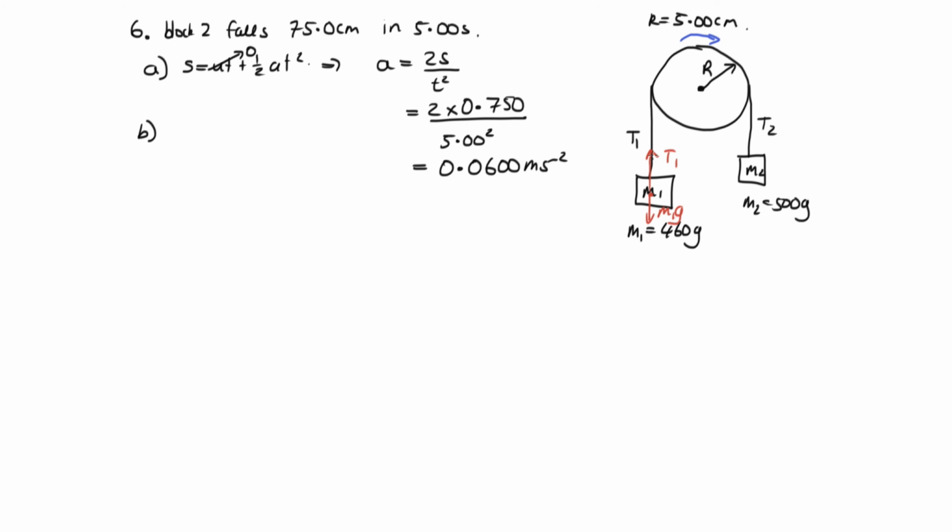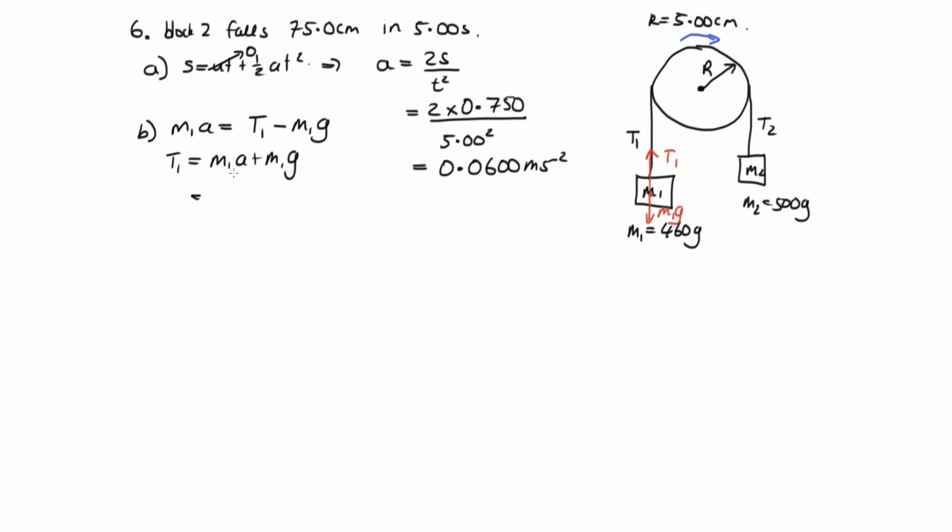So M1 will be accelerating up while M2 is accelerating down, which we also know because we were told that M2 falls in the question. Okay, so using Newton's second law, we can write M1a = T1, which is pulling it up, minus M1g, which is pulling it down. So T1 = M1a + M1g, and these are all values that we have.